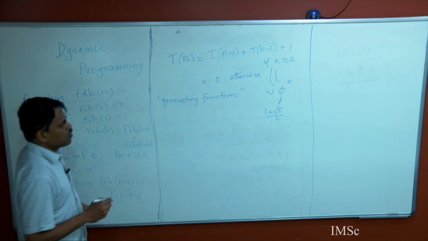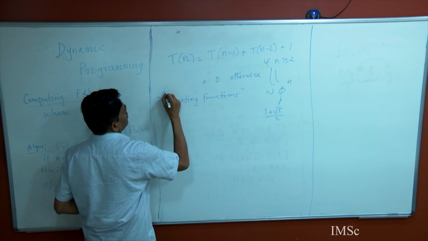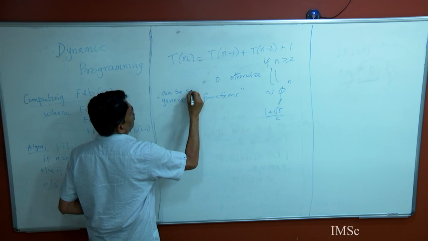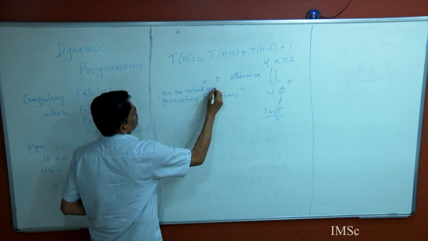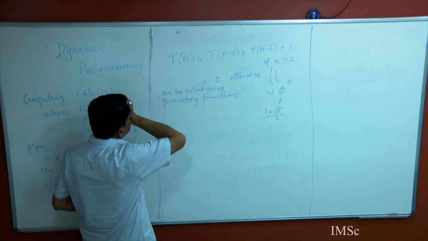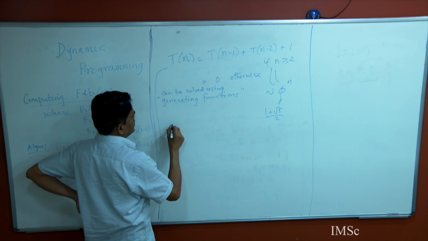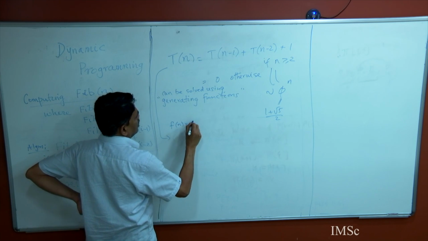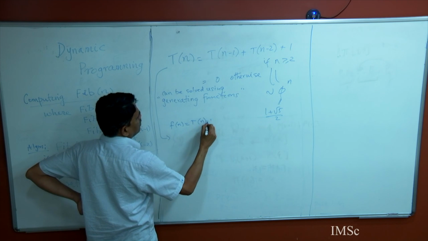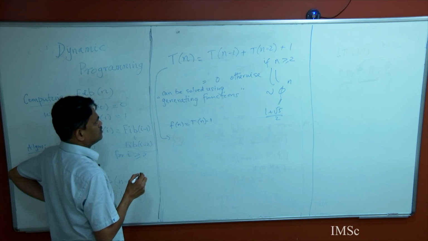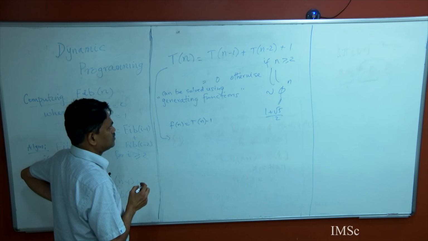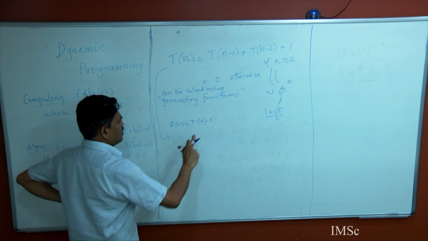So I'm going to say it can be solved. And if I want to make it look like a Fibonacci number, let me define f(n) equal to T(n) minus 1. Should I say plus 1?